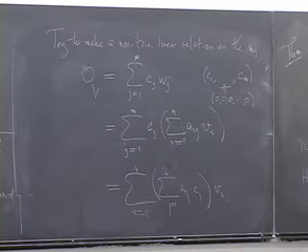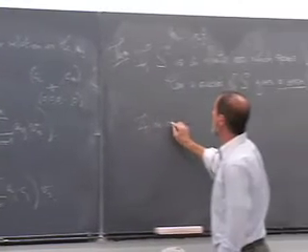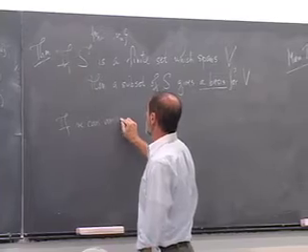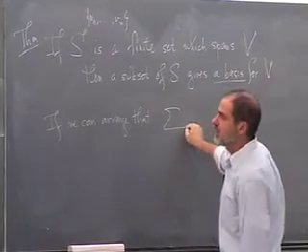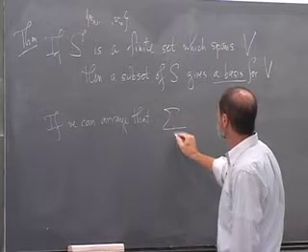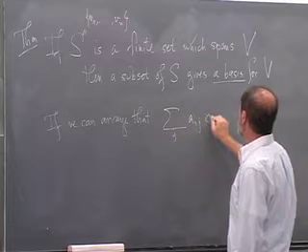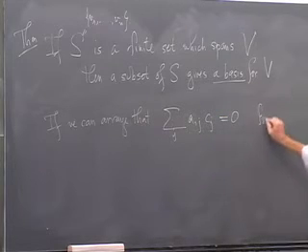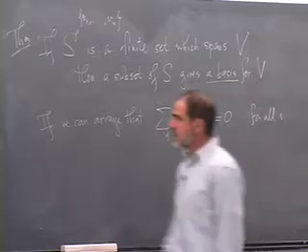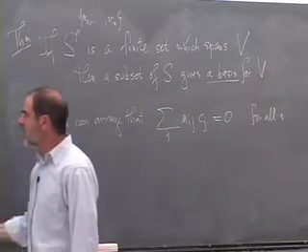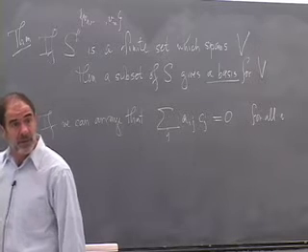If we can arrange that the summation over j of Aij Cj is equal to 0 for all i, then this vector is certainly the 0 vector, because the coefficients of Vi are these sums.